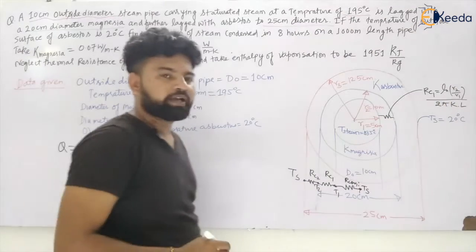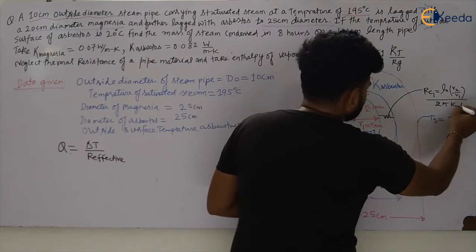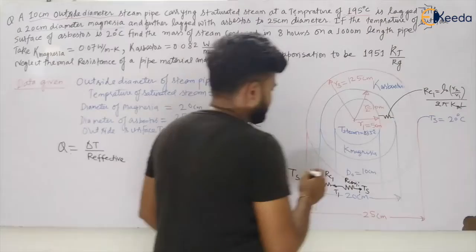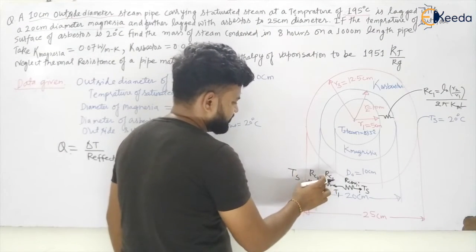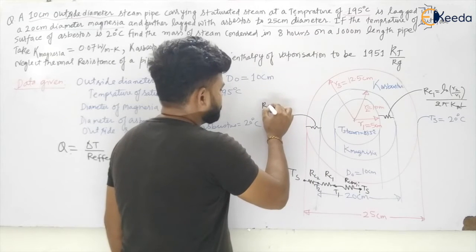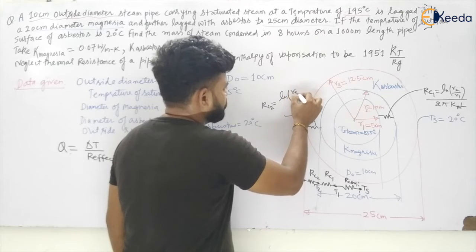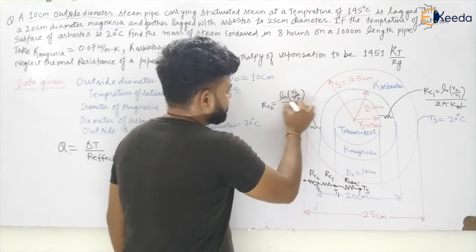And what is K here? K is nothing but the K magnesia, Km. Similarly, I can calculate RC2. This RC2 will be given by ln R3 by R2 divided by 2 pi K asbestos into L.